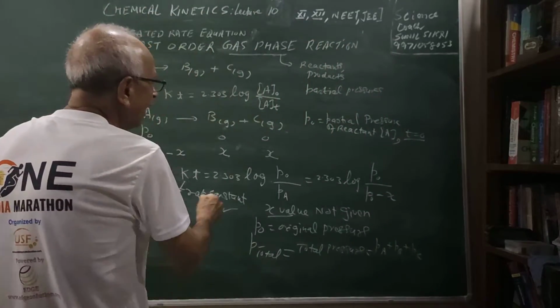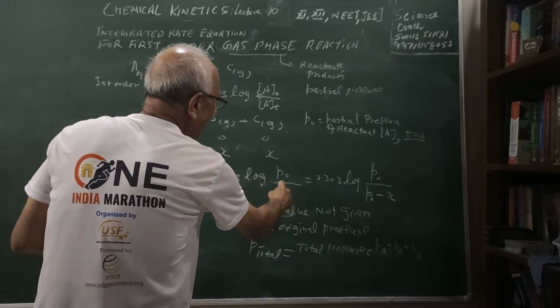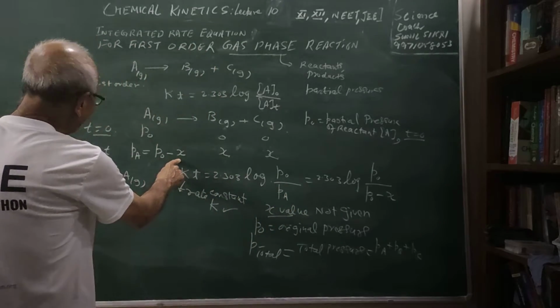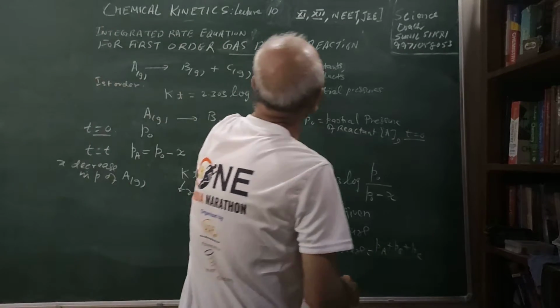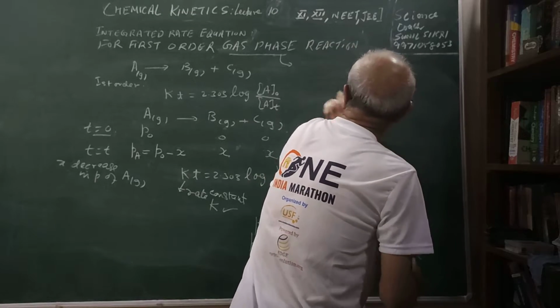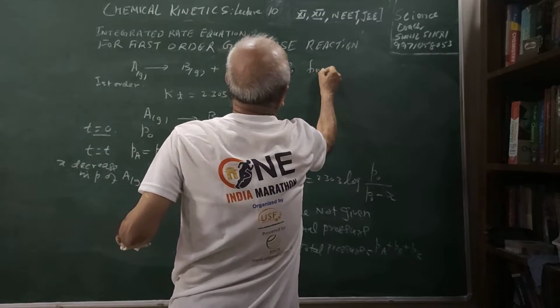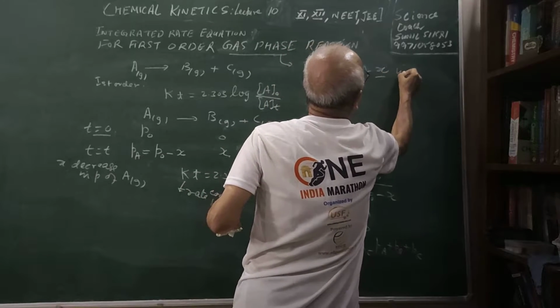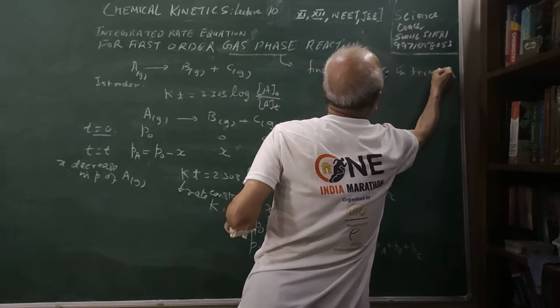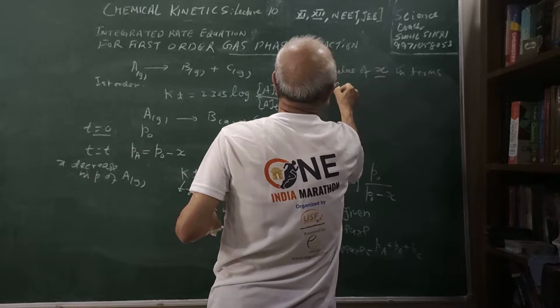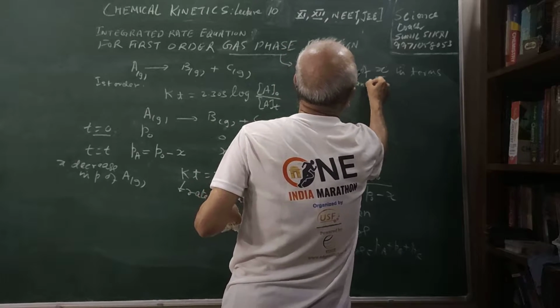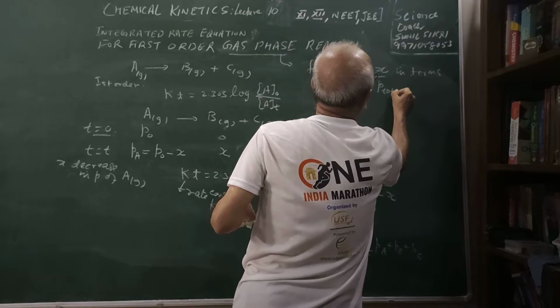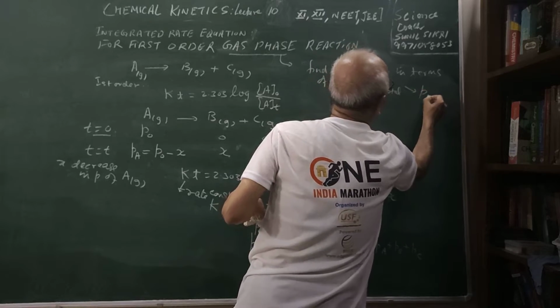I have to convert this Pa into P0 minus X. That means I have to find the value of X in terms of P0 and P total, which I am calling PT here.